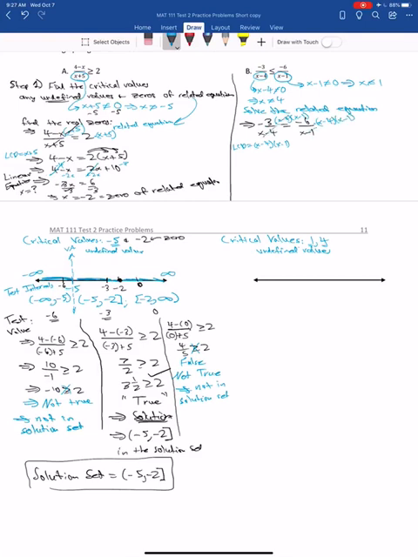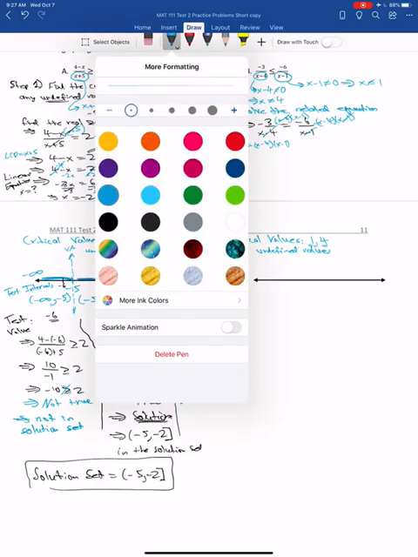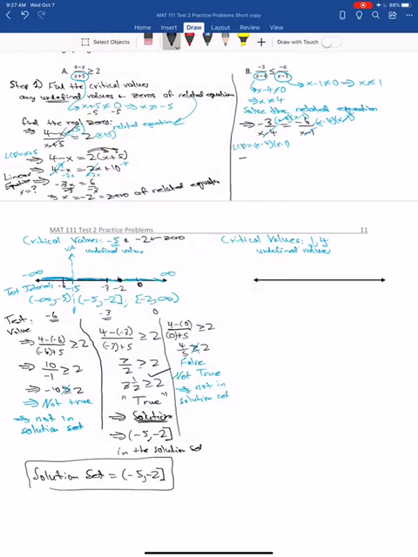And what happens when we do that? We cancel out these common factors. So we get a new equation without any fractions, which is how we solve rationals. I got -3 times x minus 1 on the left side equal to -6 times x minus 4 on the right. And we got a linear equation resulting.